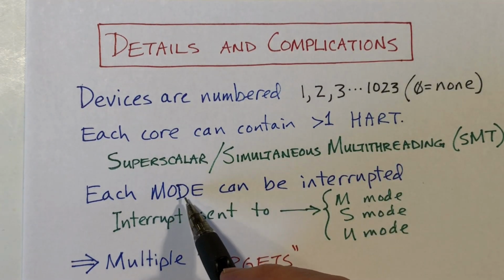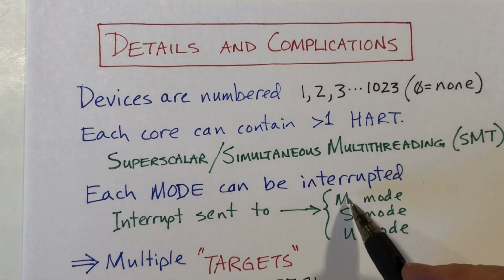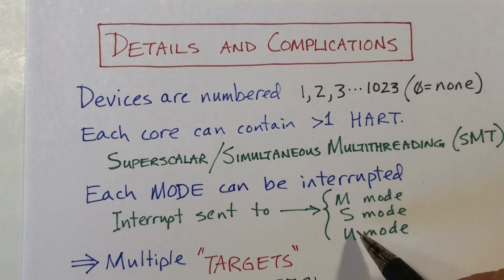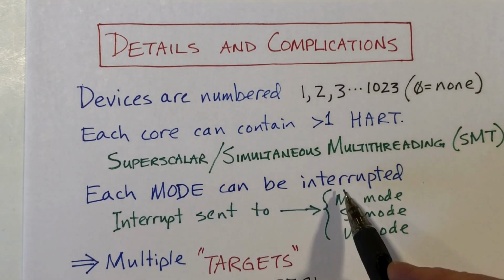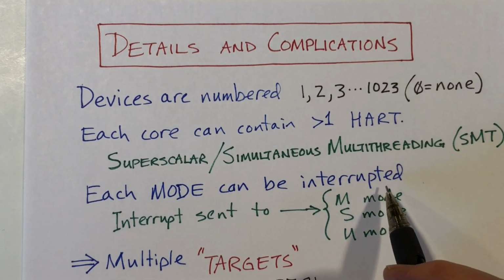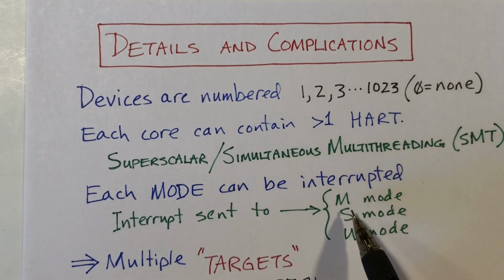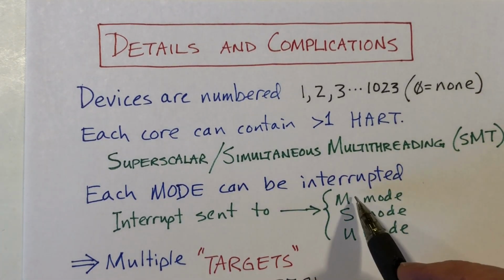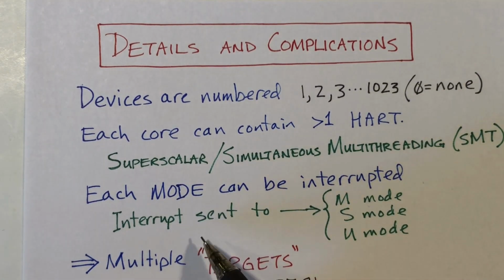Another thing is the core in RISC-V can be executing in machine mode, supervisor mode, or user mode. The spec for the plic also talks about a hypervisor mode. But the interrupt will be sent to a particular mode. So it may be sent to supervisor mode, or it may be sent to machine mode. And we call these things targets.